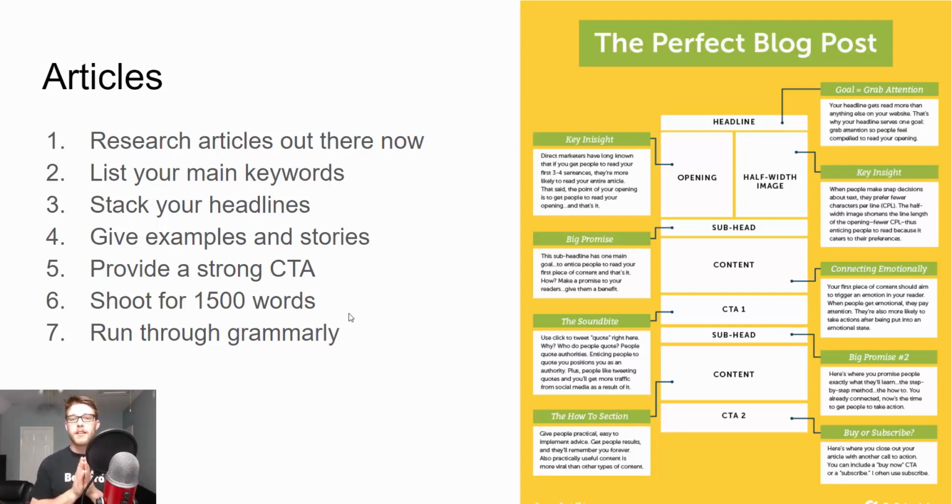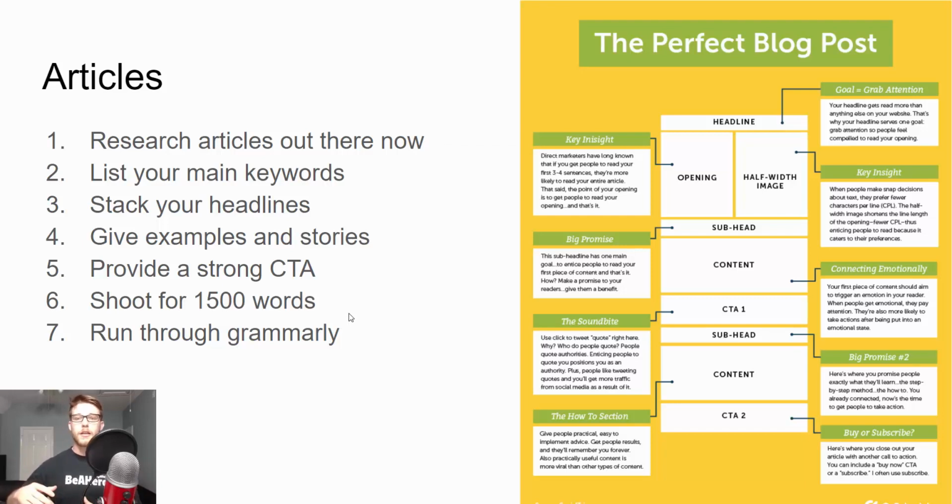All right, so from here, let's talk about some more complex strategies to creating high quality articles. Now, obviously there's so much to this. I'll try to keep it very surface layer, but what I would suggest is take a screenshot of the perfect blog post over here, and then I'll stack some things that I think are really important. The first thing you want to do is research what articles are already out there on the subject that you want to talk about, write down the URLs, and then try to figure out how you can make your article 10 times better.